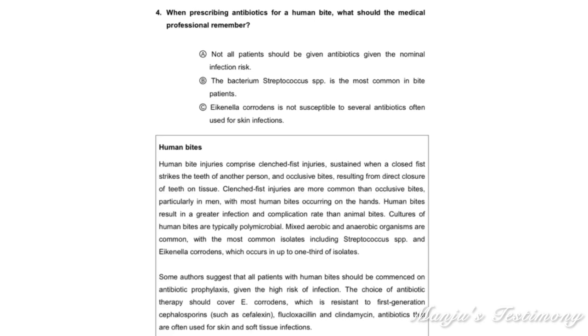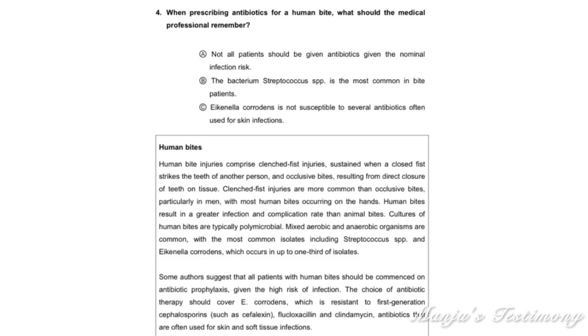Clindamycin, there is a comma after that. The part of the sentence after the comma is used to describe the word before the comma. So after clindamycin comma, the other part of the sentence is there to describe clindamycin, an antibiotic that is often used for skin and soft tissue infection.